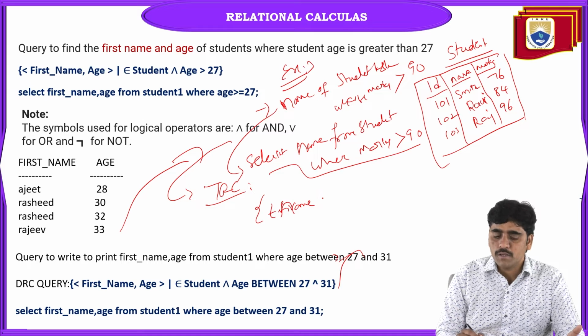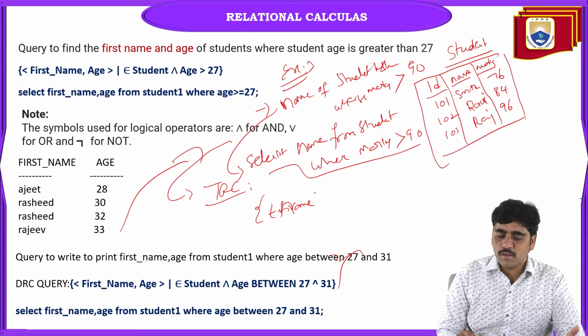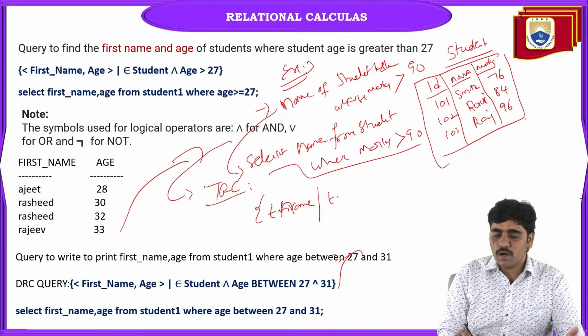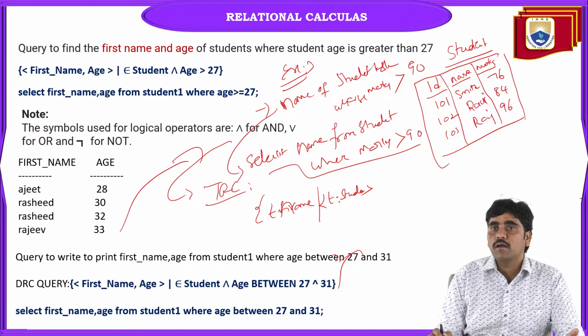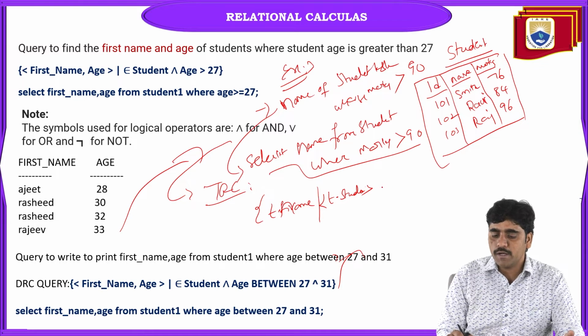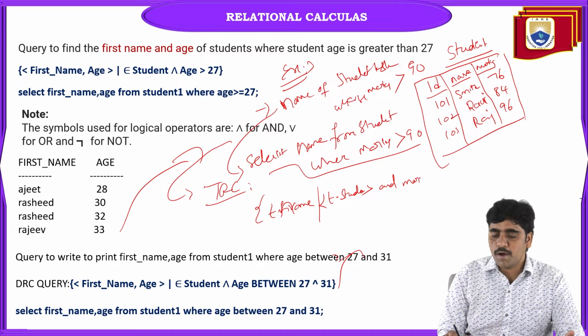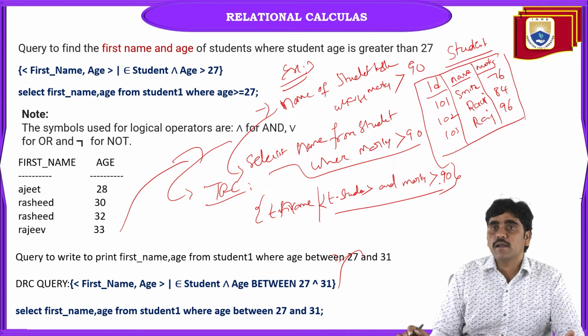So the tuple is name, then the bar symbol, and the table is T dot student table, and marks greater than 90.